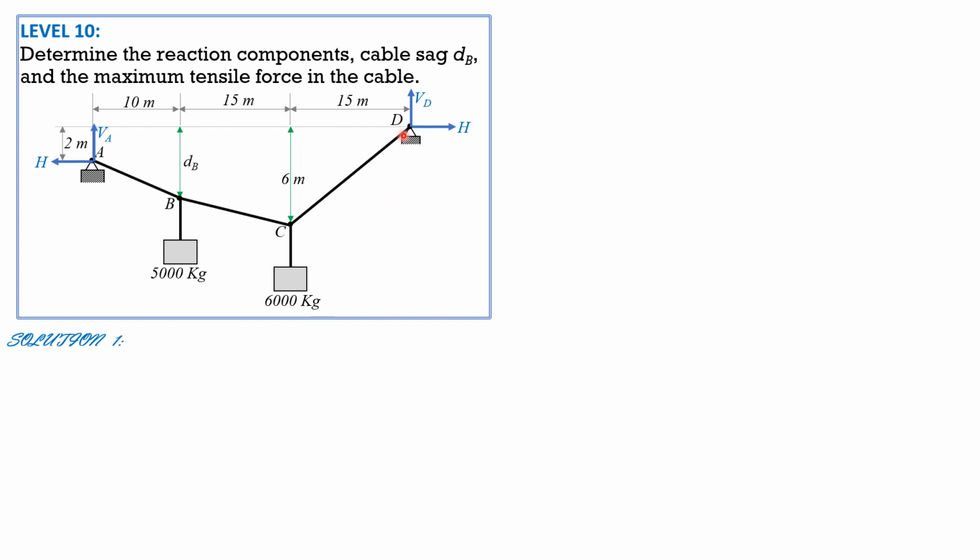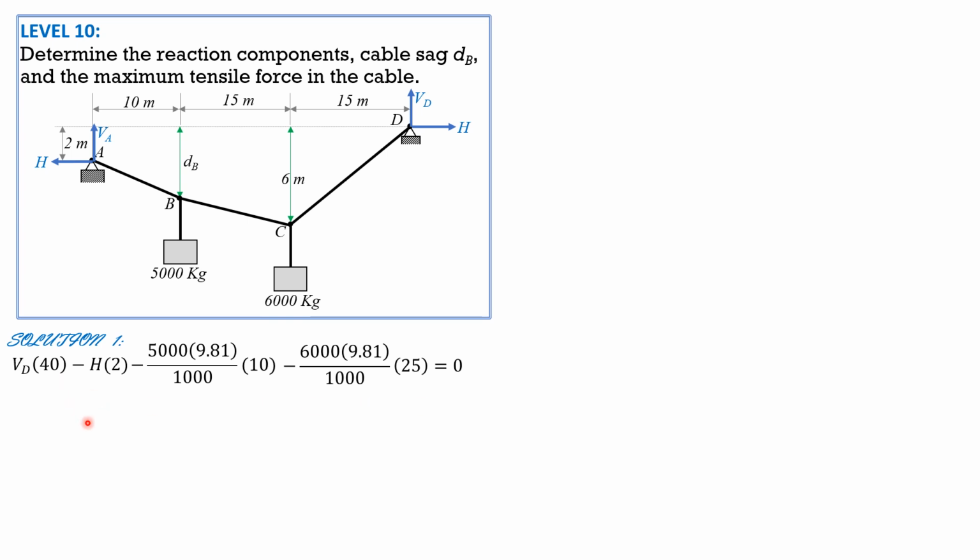So considering the whole system, summation of moments about A equals 0, counterclockwise positive, so V sub D times 40 minus H times 2 minus 5,000 kilograms times 9.81 divided by 1,000 to convert it to kilonewtons times 10, minus 6,000 times 9.81 over 1,000 times 25 equals 0.